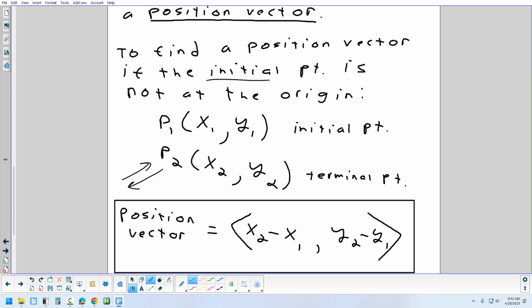Terminal minus initial for the x's, terminal minus initial for the y's. That's it.